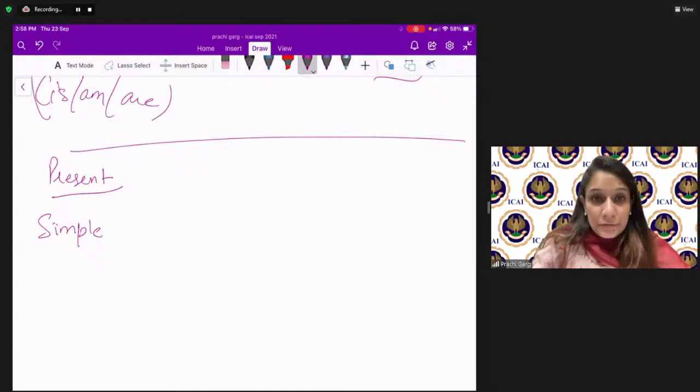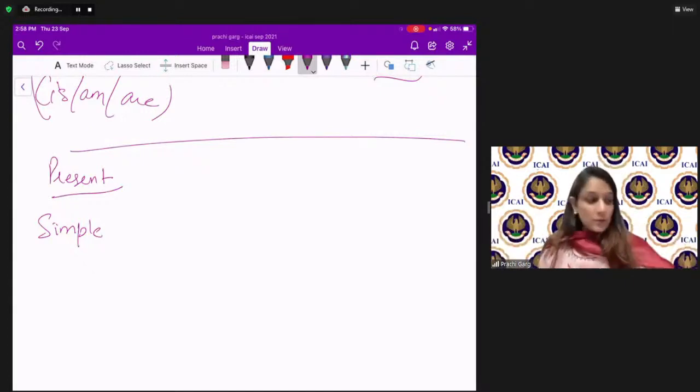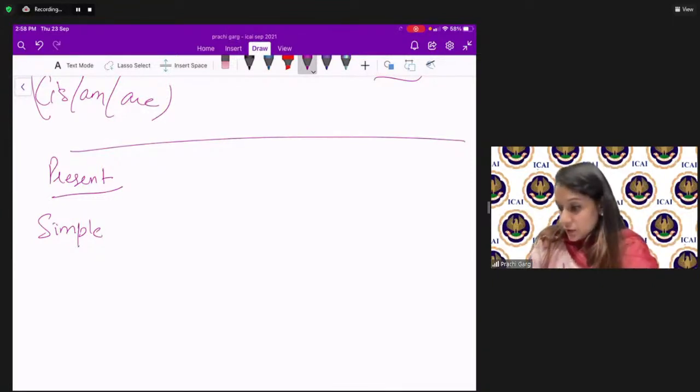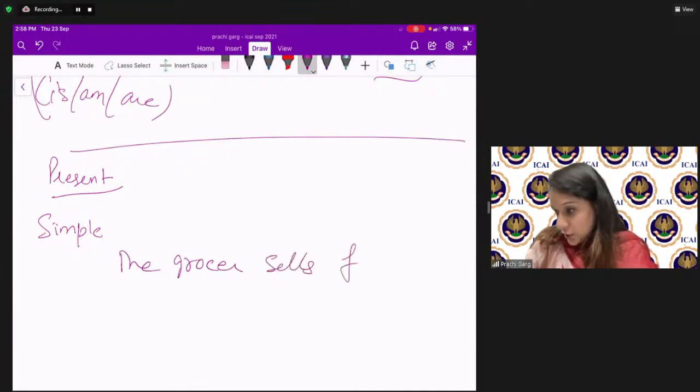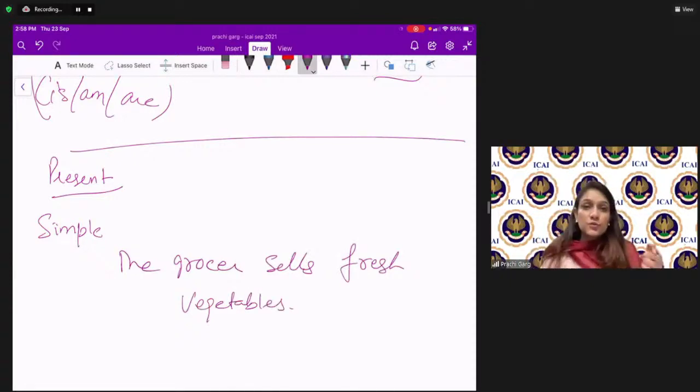If in the active voice the sentence says, the grocer sells fresh vegetables. Our subject is the grocer here, the verb is sells here, and the object is fresh vegetables.